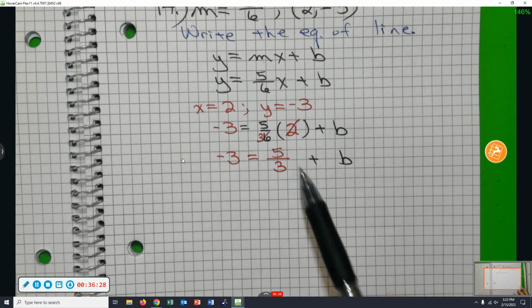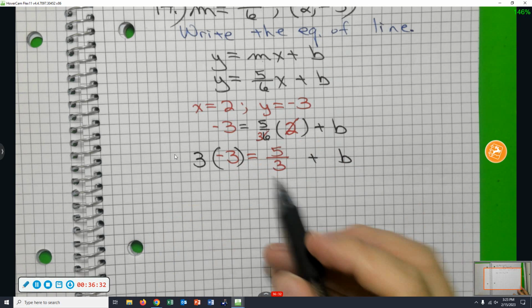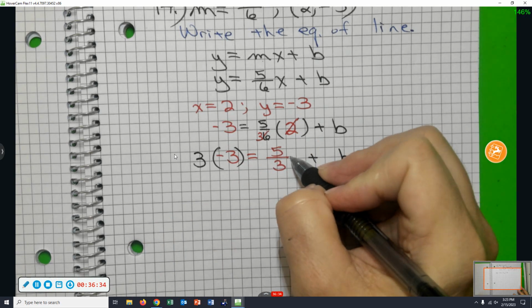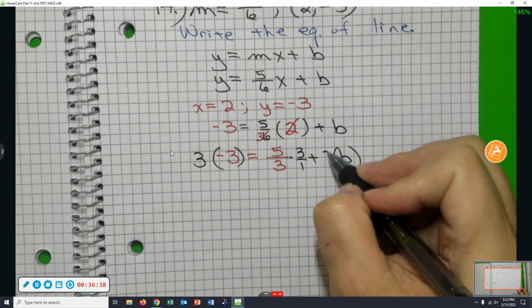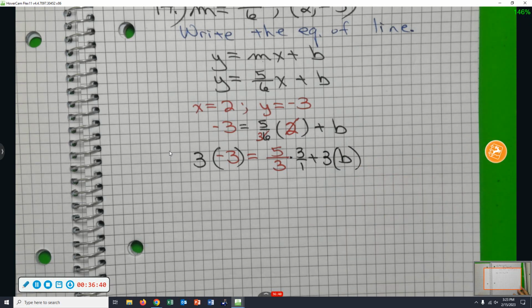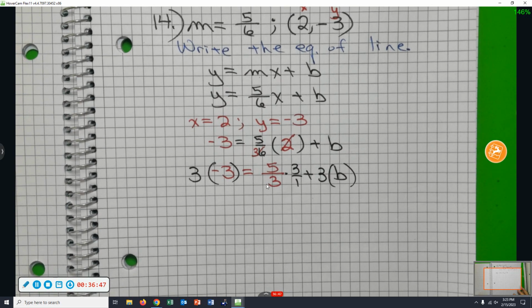Whatever that denominator is, I'm going to multiply every term. I'm distributing 3 over all 3 terms. And all the fraction's gone.